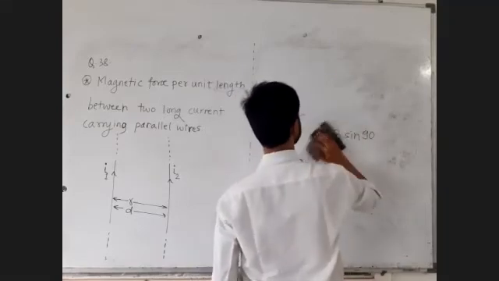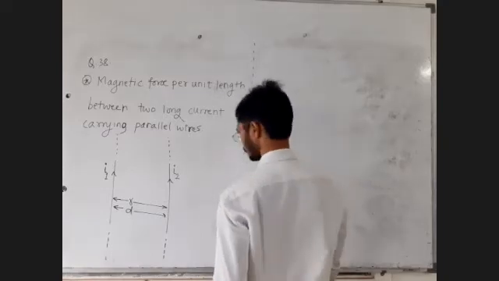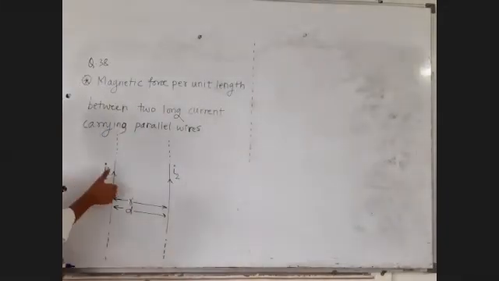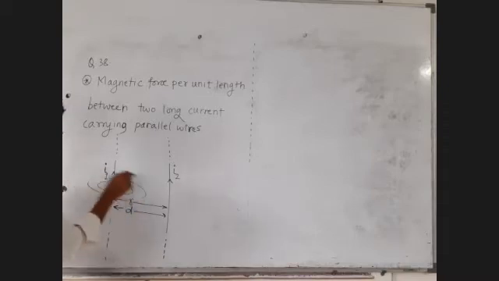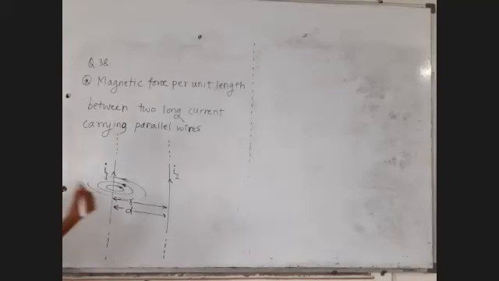Now you will say, sir, why will the wires apply force on each other? Very simple. The first wire is a current carrying wire. Around that current carrying wire, a magnetic field will be produced. Magnetic field lines will be circles, closed lines around the wire.